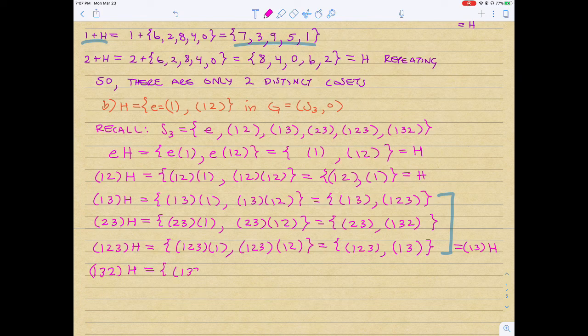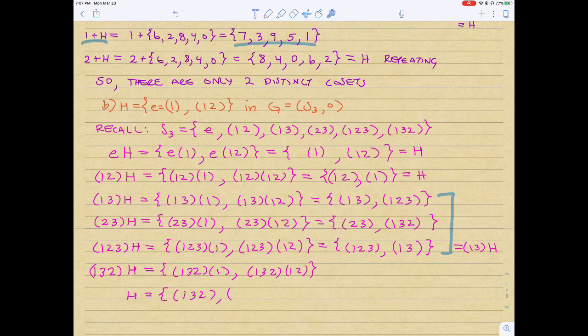Okay, so now you definitely don't have to do this in general, because once you obtain all of your elements, then you're done finding all your distinct cosets. (1 3 2)H equals, well, that's just going to be (1 3 2). And if our theory is right, we should end up with (2 3), right? Let's see.